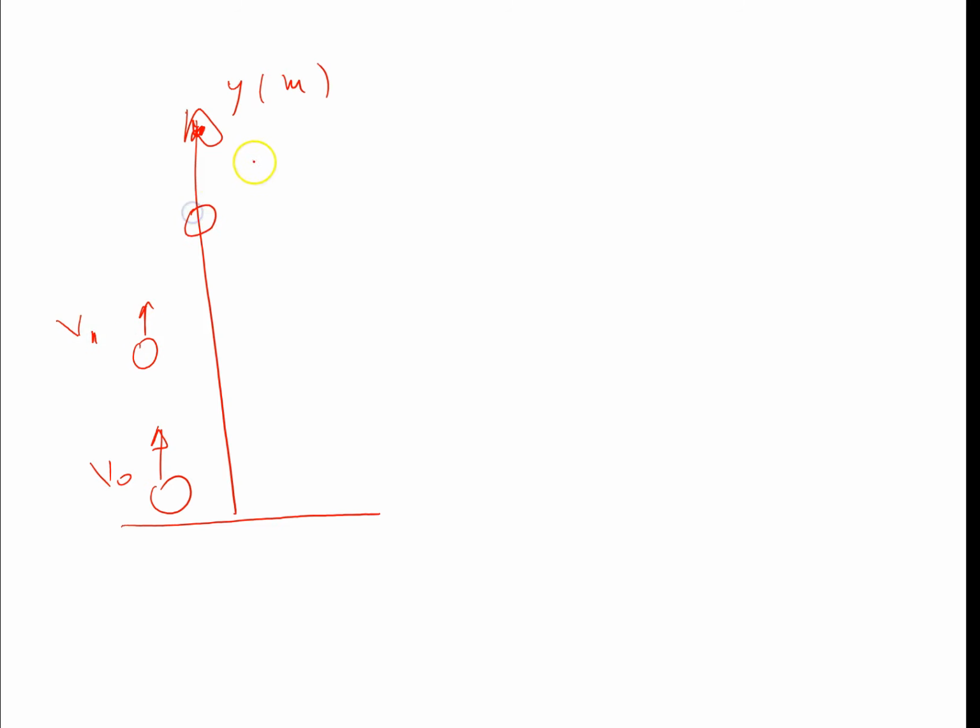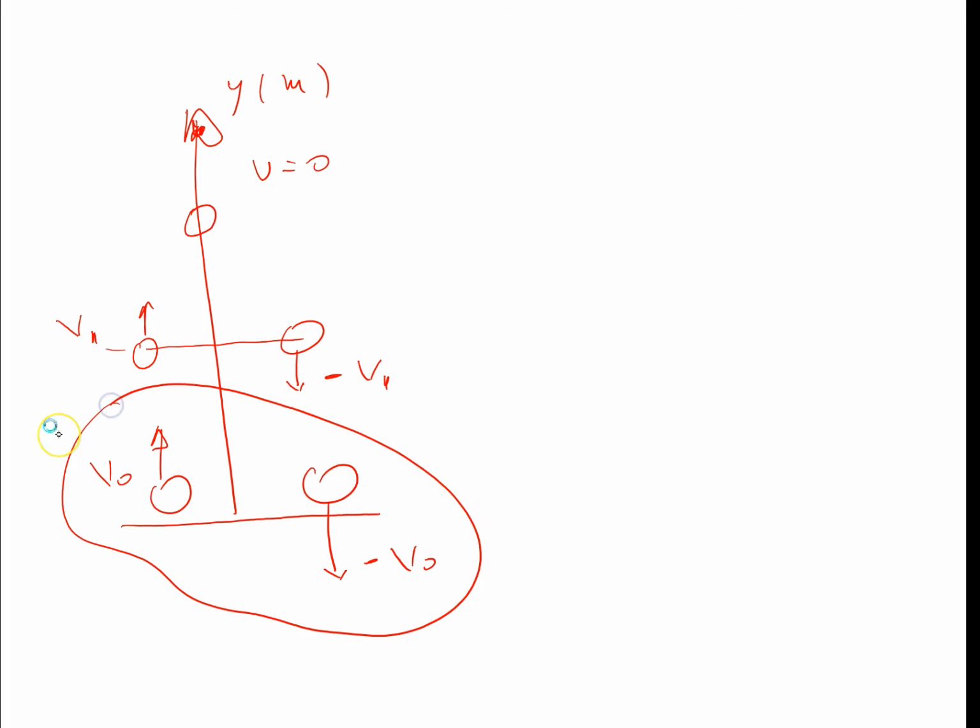At the highest point, the velocity must be 0. When it passes by these little points here, the velocity is going to be the opposite of what it had before. So the velocity coming back is the opposite of the velocity going up. The velocity at the highest point must be 0.